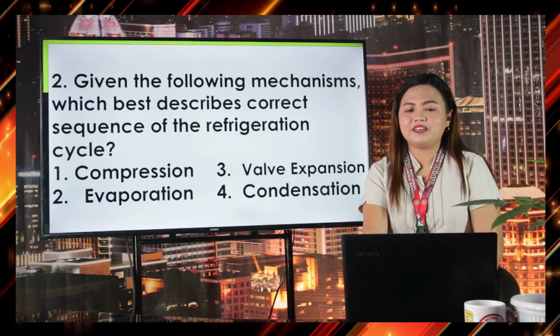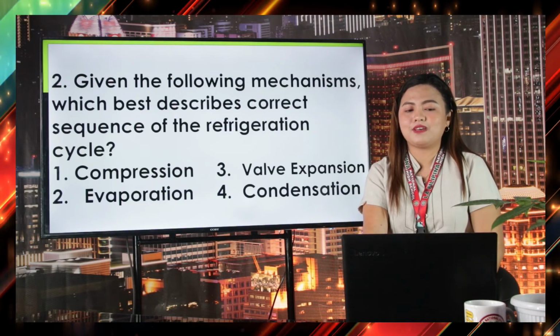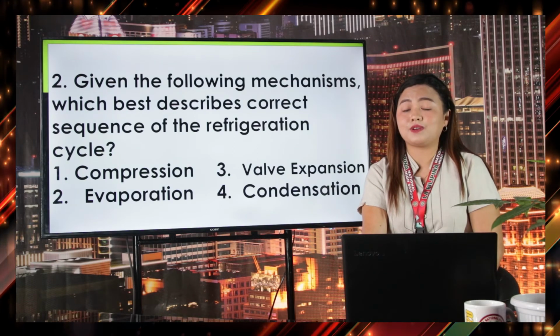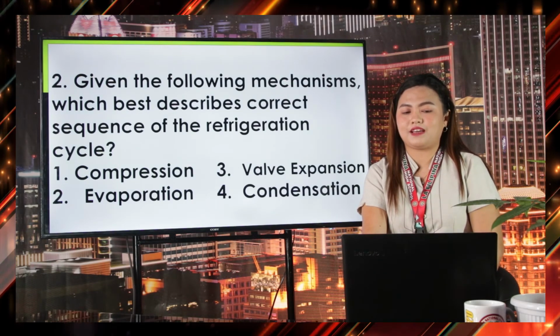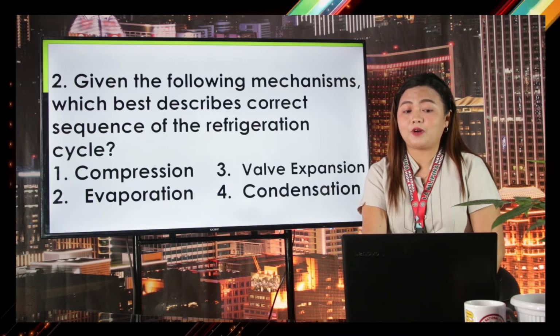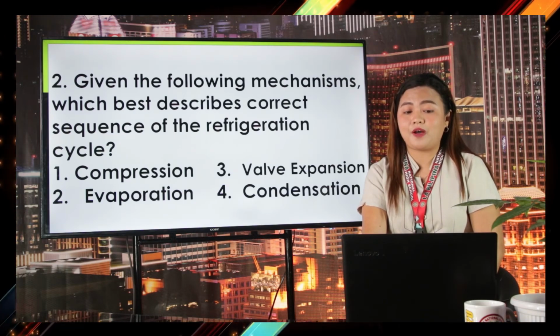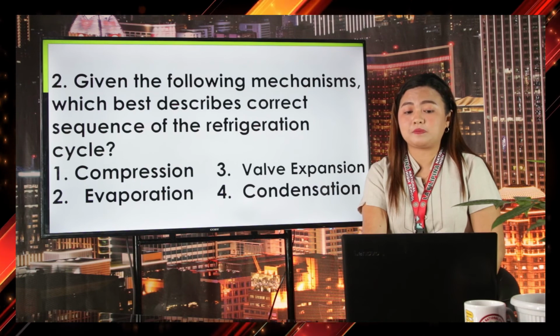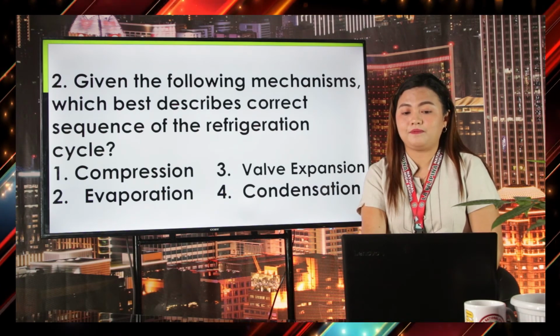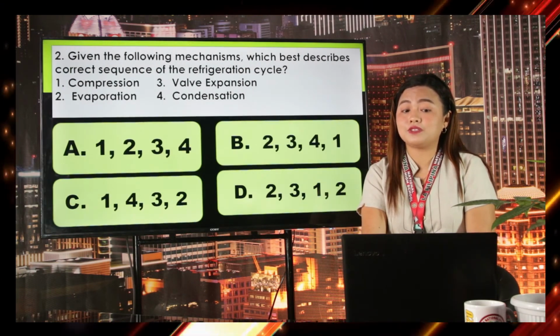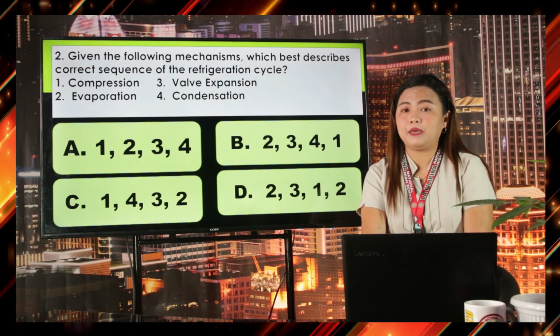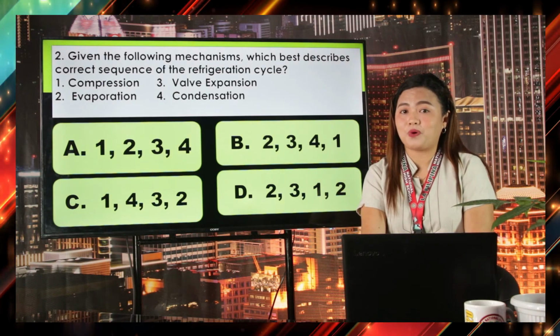Number 2. Given the following mechanisms, which best describes the correct sequence of the refrigeration cycle? 1. Compression. 2. Evaporation. 3. Valve expansion. And 4. Condensation. A. 1, 2, 3, 4. B. 2, 3, 4, 1.